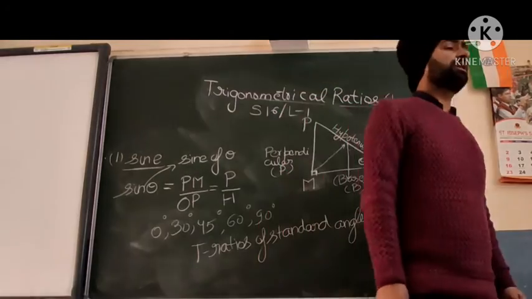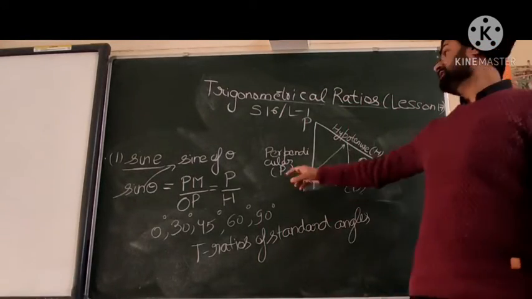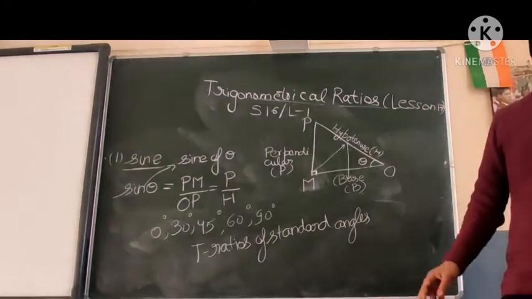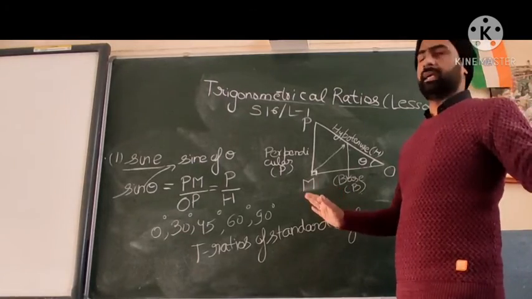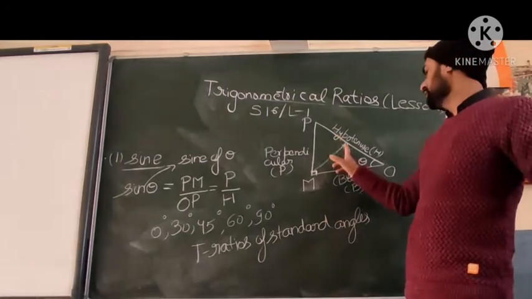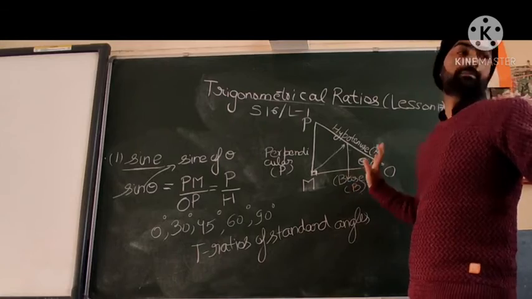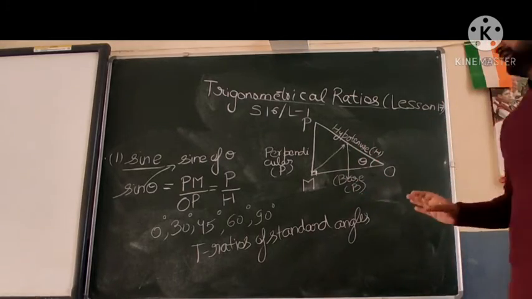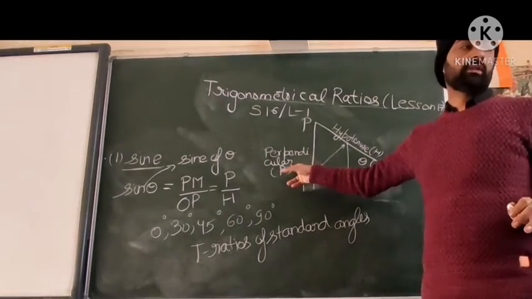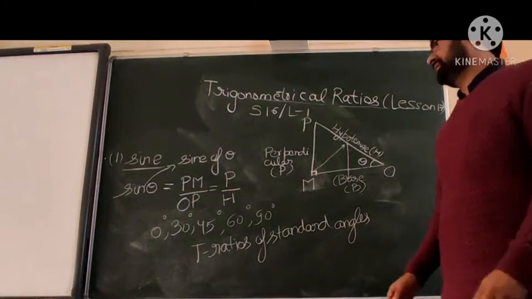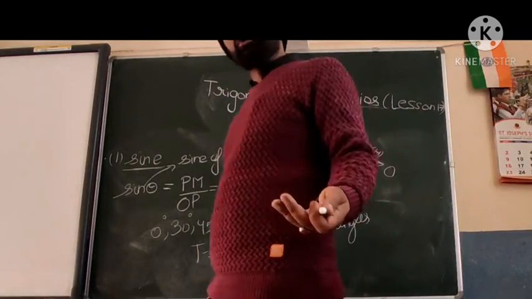See, in the book, whatever I am calling perpendicular, they are calling it height. So need not worry regarding that. Hypotenuse remains hypotenuse and the side base remains base. What I am calling perpendicular, they are calling height, and we are using it as height also.